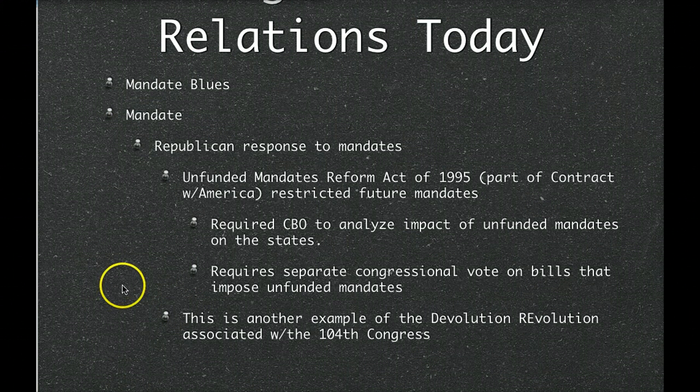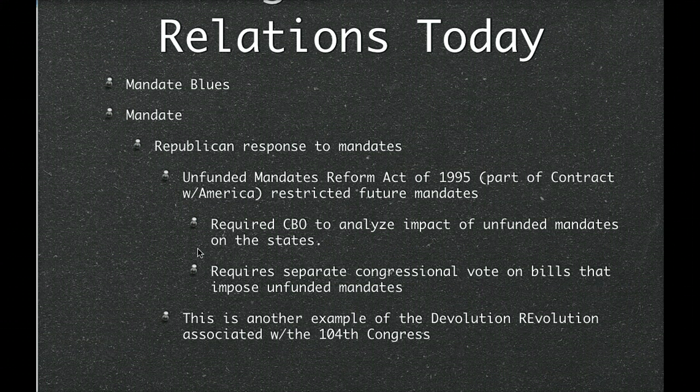Now, the Republicans decided that they'd had enough with these mandates, primarily coming from the other party, and they passed the Unfunded Mandates Reform Act of 1995, which is part of the Contract with America, which we will look at in future units. And theoretically, this was supposed to restrict future unfunded mandates. This required the CBO, which is the Congressional Budget Office, to analyze the impact of unfunded mandates on the states.